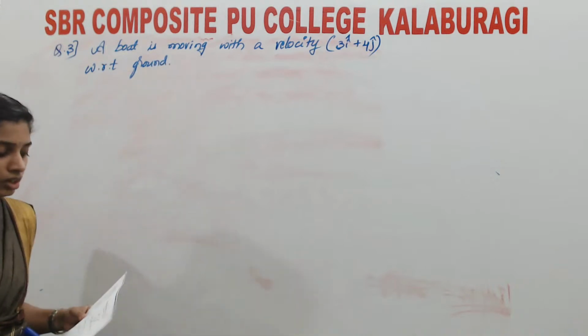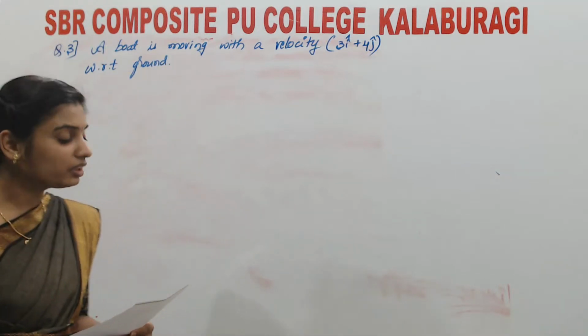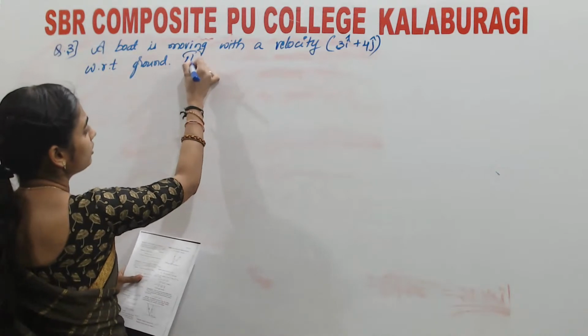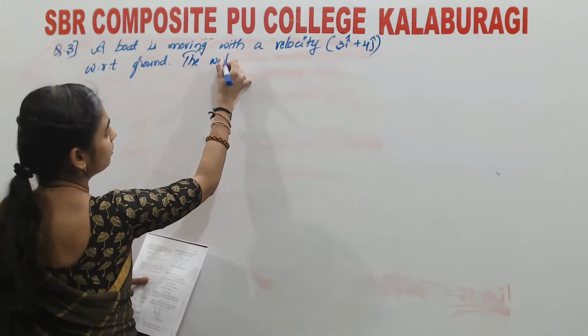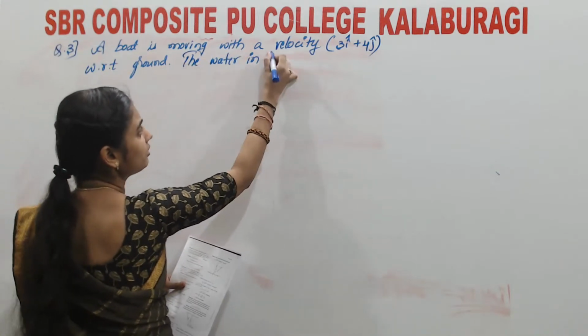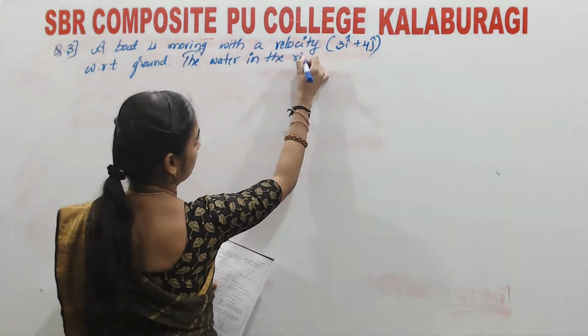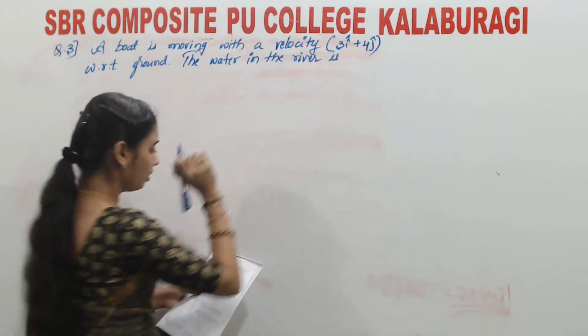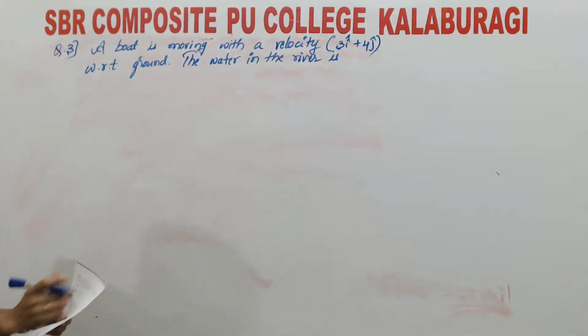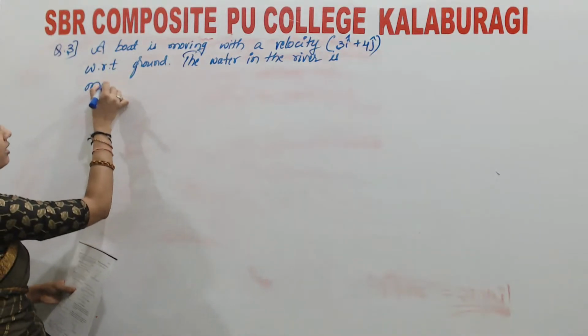Now the water in the river is moving with a velocity. Try to understand the question.